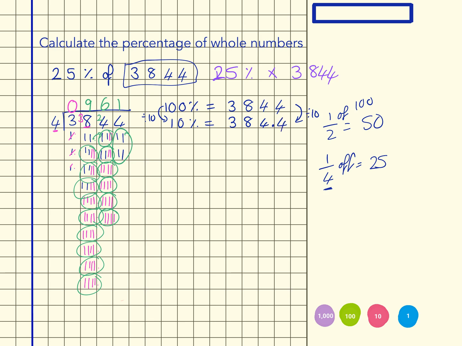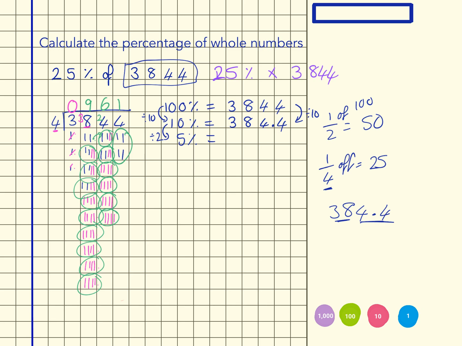So this would be 384.4. And then from that, I can also work out what 5% is, because to get from 10% to 5%, I divide by 2. So I'm going to do the same here. I'm going to take 384.4 and partition it into this bit here and this bit here, and then put them back together.